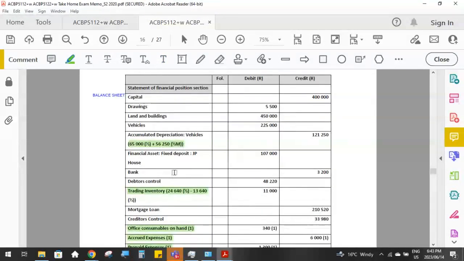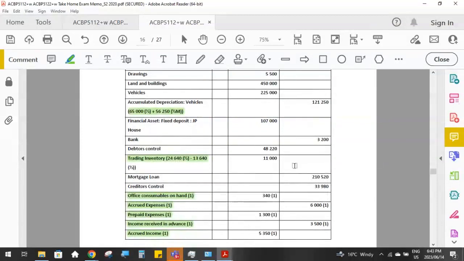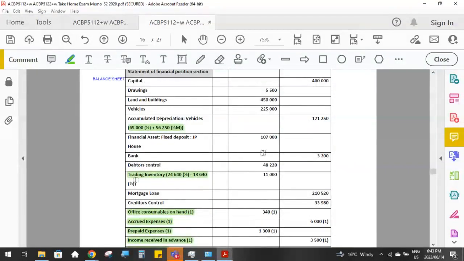So if we go to our post-adjustment trial balance, you see here we've got trading inventory. The balance must be 11,000. And then the journal entry that we have to do: 24,640 minus 11,000, so we have to subtract 13,640 from trading inventory in order to get to 11,000.